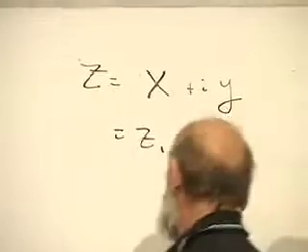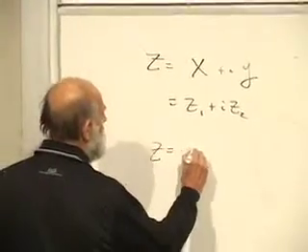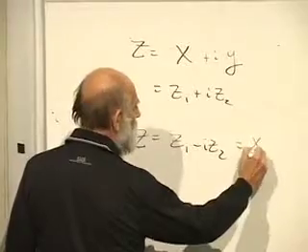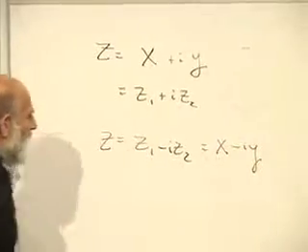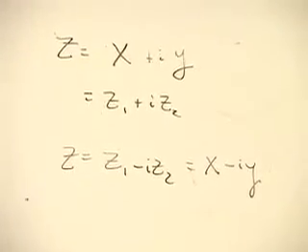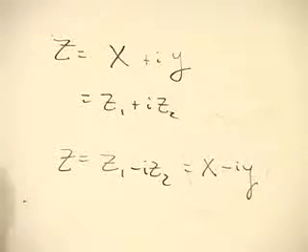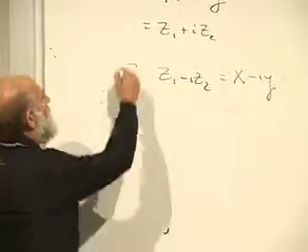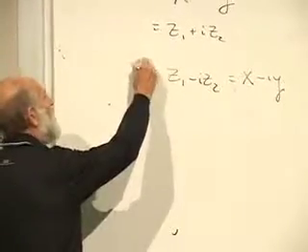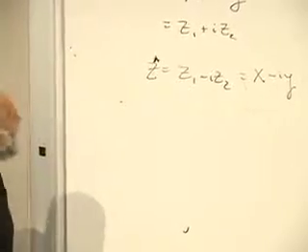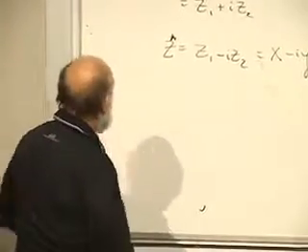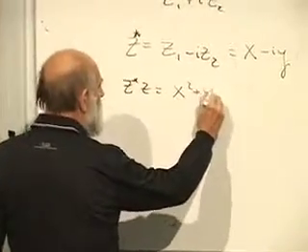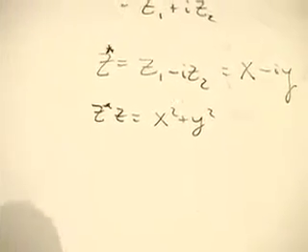The complex conjugate of z is equal to z1 minus i z2, or x minus iy. Let me just write down some simple facts about complex numbers to remind you. Star, complex conjugate, what else do we need to know? z star z is just x squared plus y squared, or z1 squared plus z2 squared.